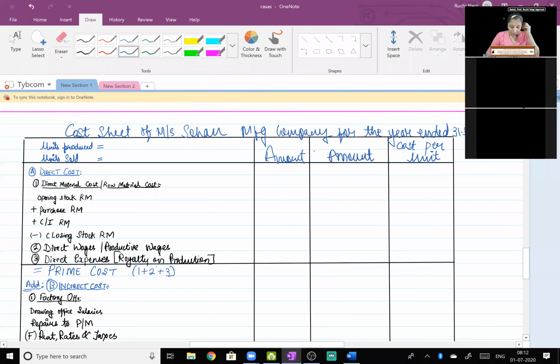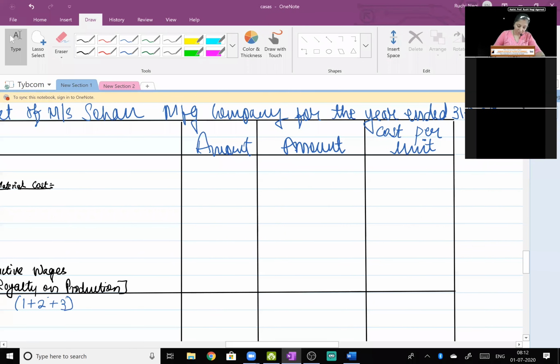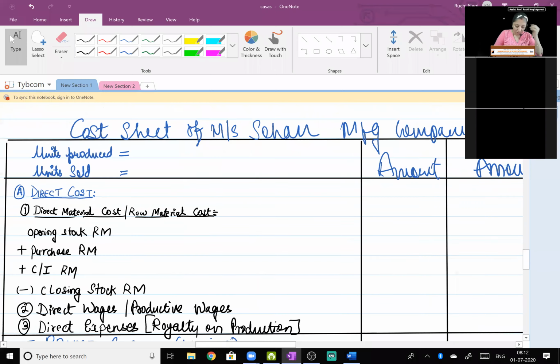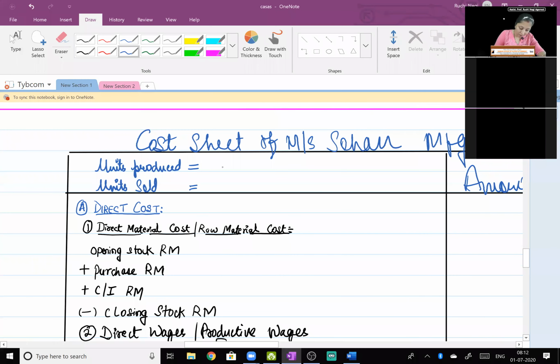If you want, you can keep 1 column as well. And last is the cost per unit. Units produced, units sold, nil. It's not there in the question.